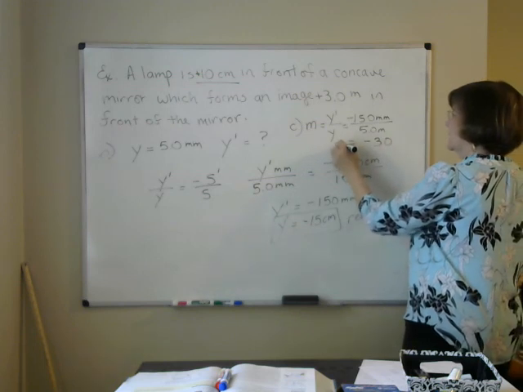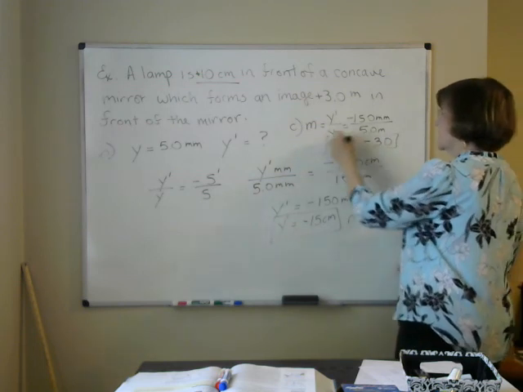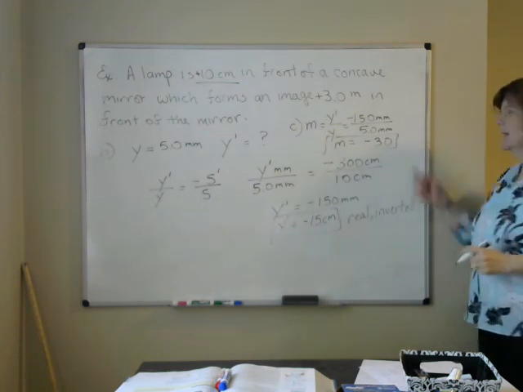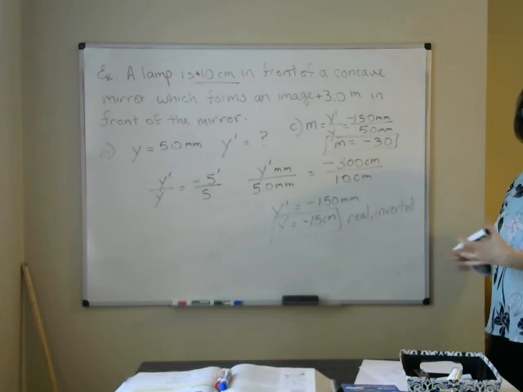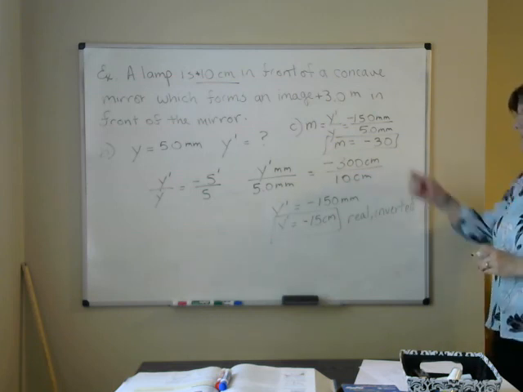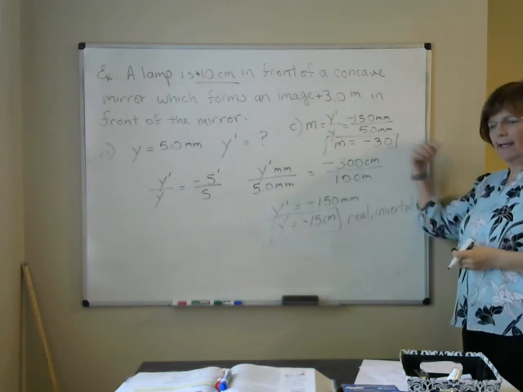Now, magnification does not have units because the units have to be the same here. So those are millimeters, and they always cancel out. So it's just a pure ratio or a scale factor. Okay. In this case, the image is 30 times larger and inverted.